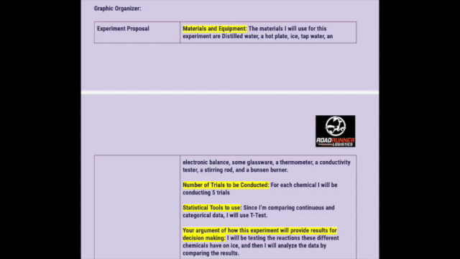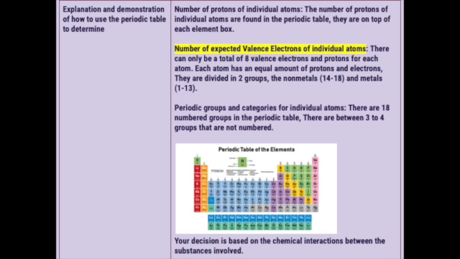The number of protons of individual atoms are found in the periodic table, on top of each element box. There can only be a total of 8 balanced electrons and protons for each atom. Each atom has an equal amount of protons and electrons, and they're divided into two groups, the nonmetals and the metals.